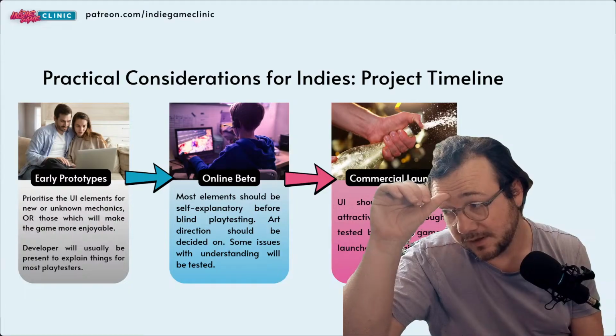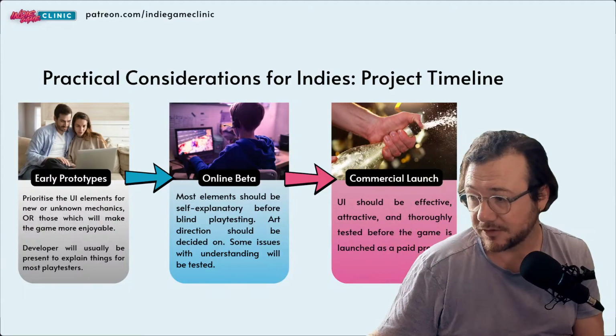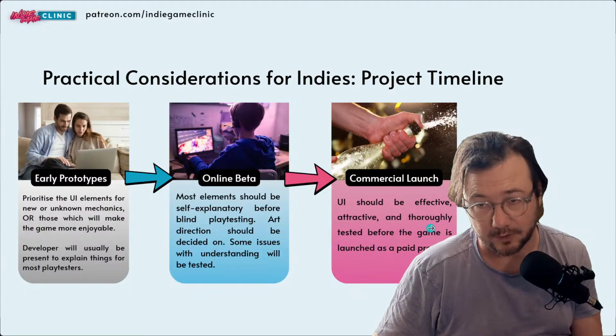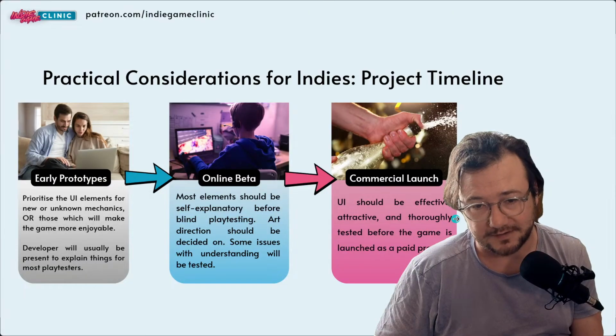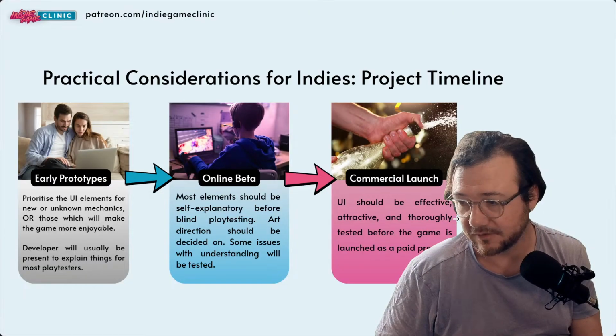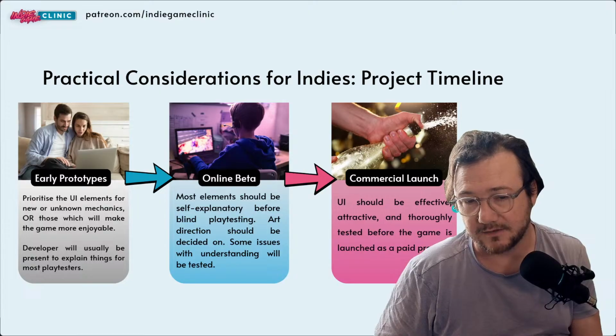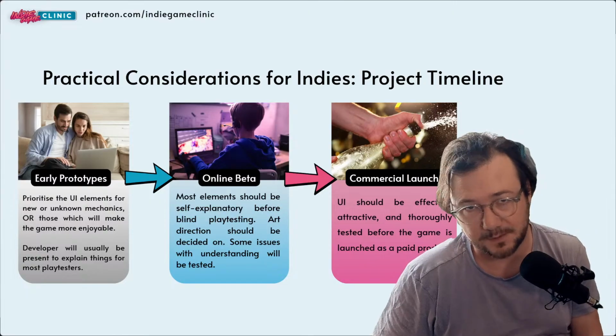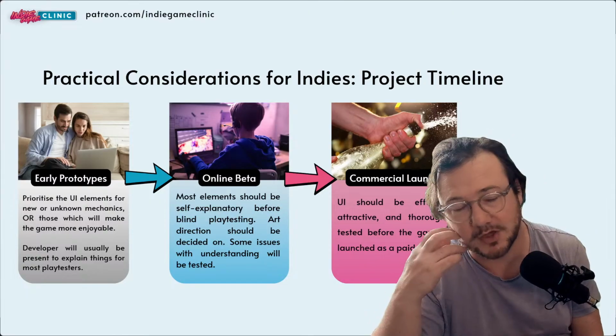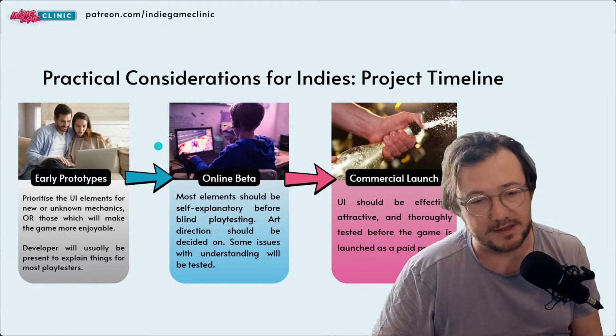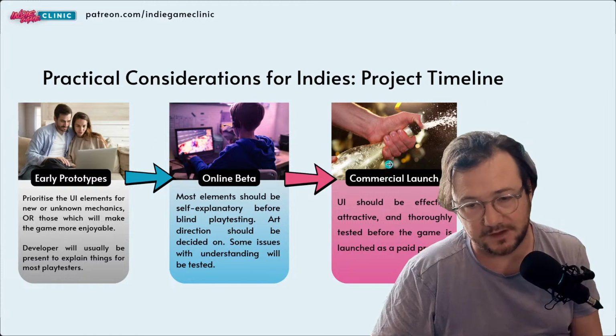Now, this is a thing that might be worth thinking about from the get-go as well. Because I see lots of people's games at various different stages, and I don't think there's a really tried and tested way that you must develop and release an indie game. But if we imagine that every indie game goes through some version of these 3 stages, right?